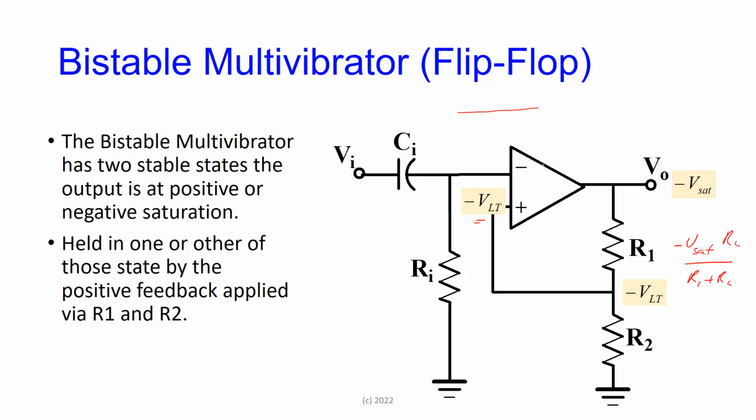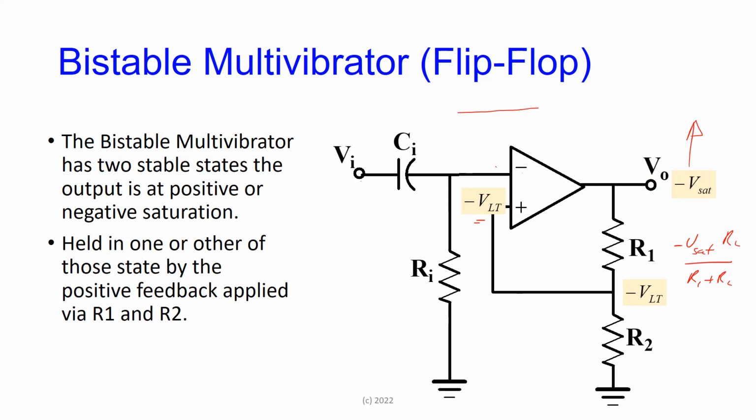I send a voltage that is more negative than this, then what is going to happen is that, if here is more negative than the non-inverting terminal, or if you want to put it the other way, the non-inverting terminal is more positive than the inverting terminal, the output here is going to shoot to plus VSAT.